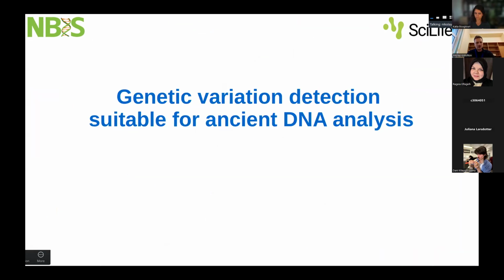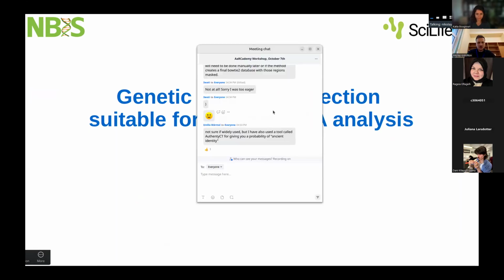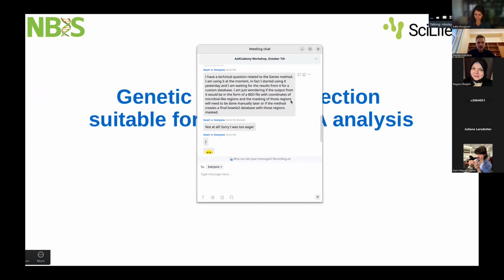So I think I'll stop here. Let's revisit the question that I promised to answer about the GeneX. Swati is asking, I have a technical question related to the GeneX method. I'm using it at the moment. In fact, I started using it yesterday and I'm waiting for the results for a custom database.